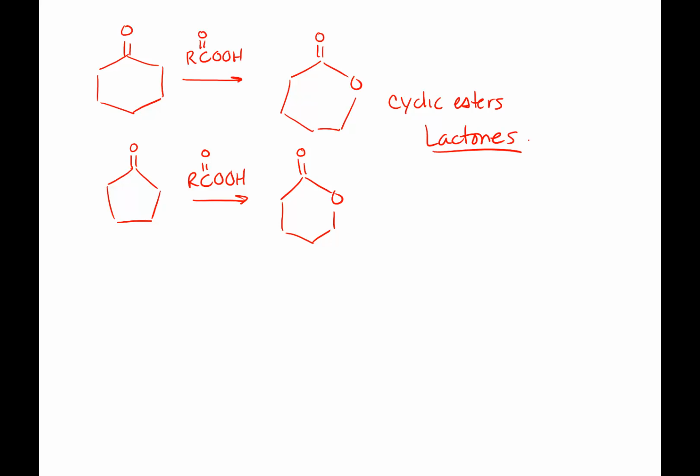And lactones are very important compounds to make synthetically. If you tried to make a lactone by something like a Fischer esterification, you would have to have the OH group on that side of the molecule and the carboxylic acid group on that side. You would treat that with acid and heat, trying to do a Fischer esterification, and you would have to hope that this O group would react intramolecularly.